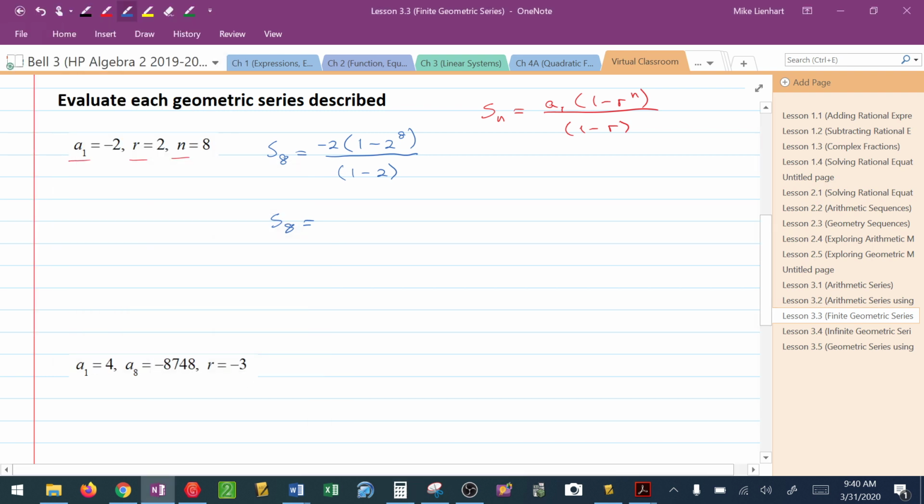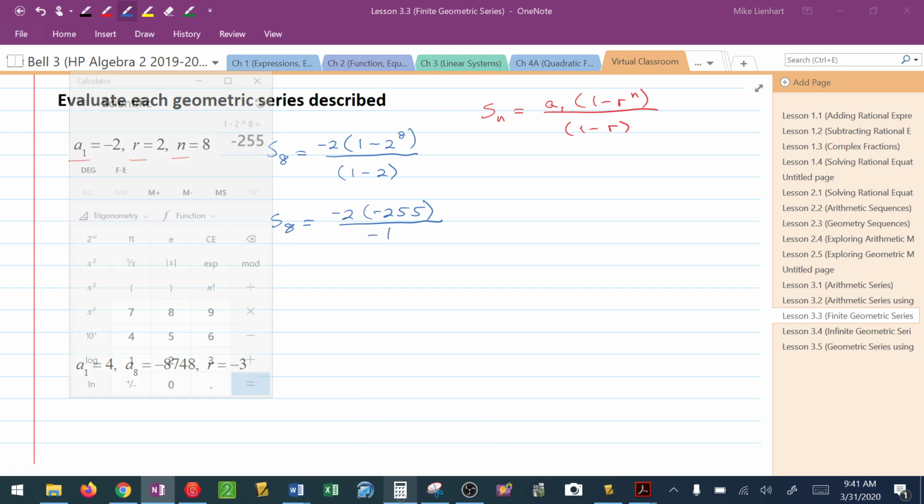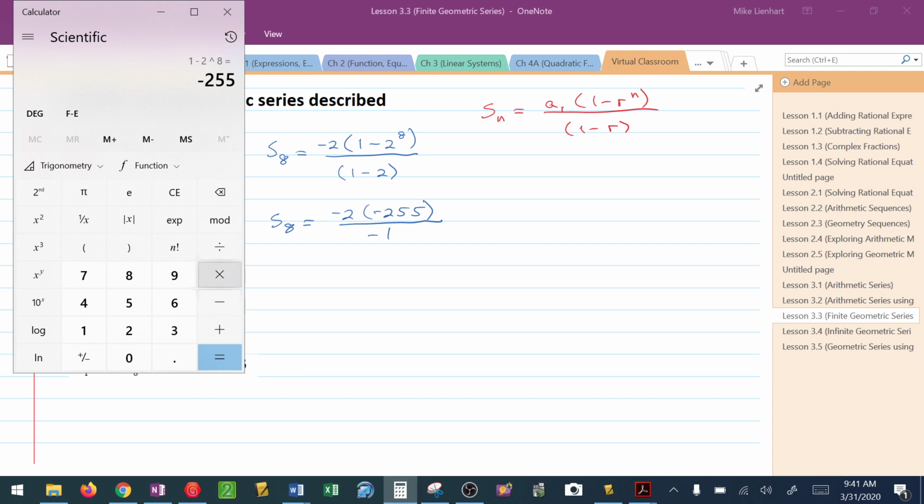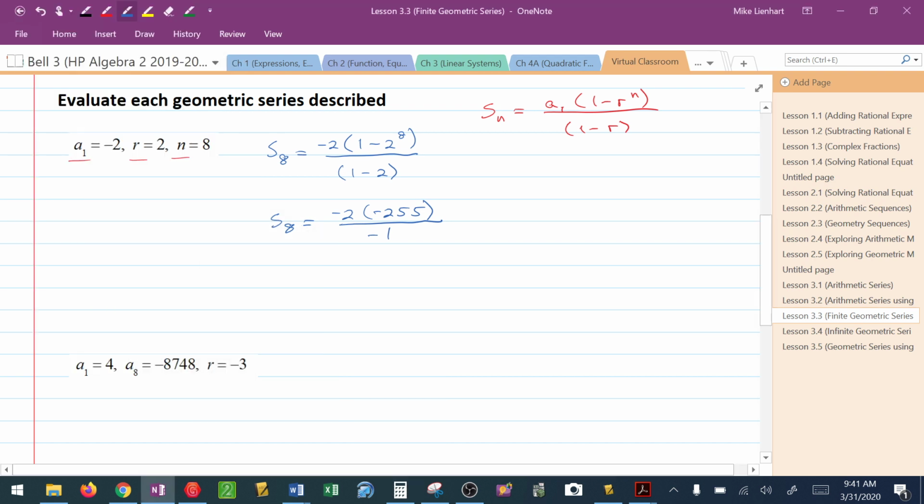So I have negative 2 times negative 255, and in the denominator 1 minus 2 gives me negative 1. I'm then going to grab the calculator, take negative 255 times negative 2, and divide that by negative 1, and I get that the sum is negative 510. Simple as that. Like I said, some of you may do it faster on the calculator. I like to do it in steps.